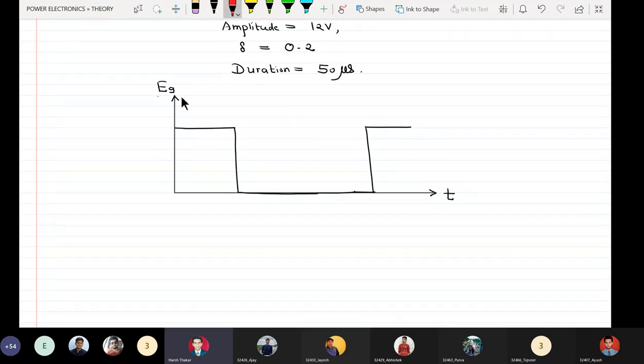So amplitude is 12 volt, 50 microseconds, and duty cycle. If I say this is T on, it is given duty cycle equal to 0.2.